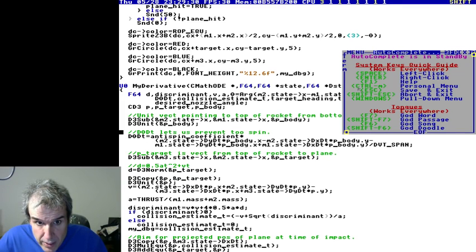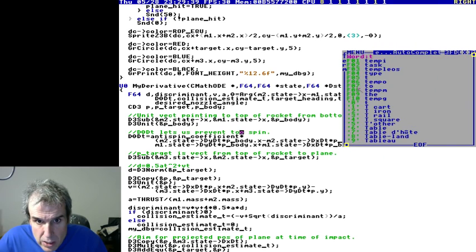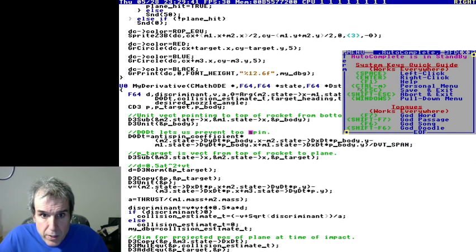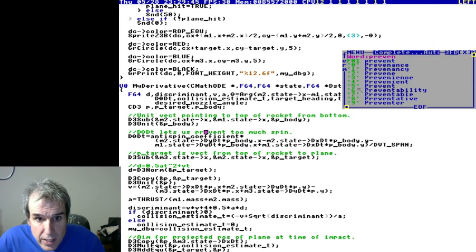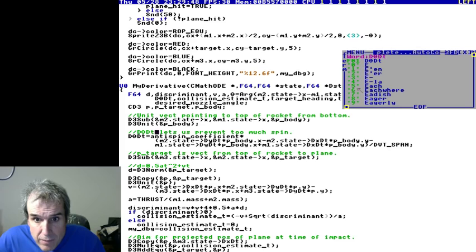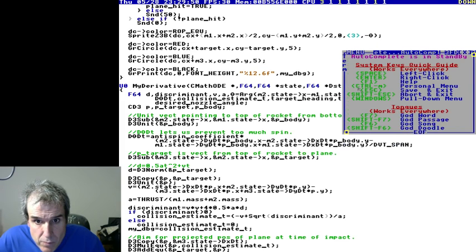So what are we doing? D theta dt. Let's just prevent too much spin. Okay, yeah. So we calculate the derivative of the angle of the rocket, and then in order to keep the rocket flying, this acts kind of like a gyroscope.